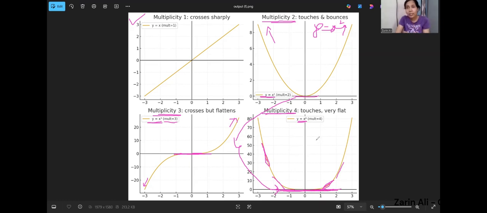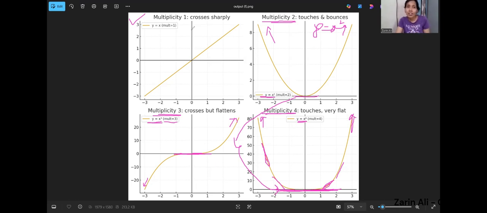So the higher the multiplicity, if it's on the even side, you can expect the nature to be more flattened. And also that these two ends will be pointing in the same direction. Again, whether a is greater than 1 or less than 1 determines if it is going to point up or point down.